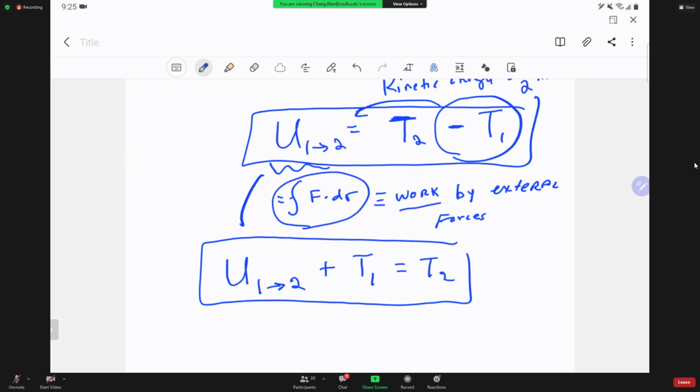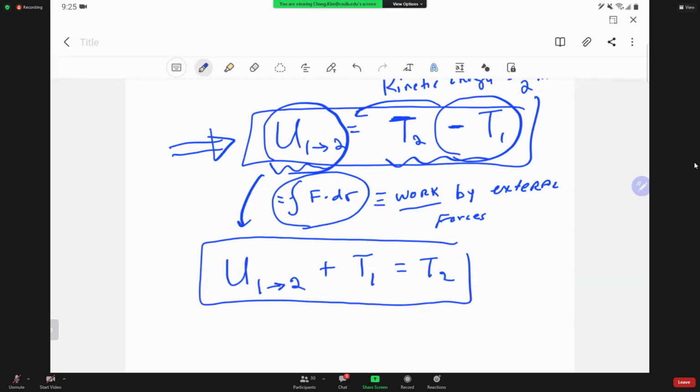Before I jump onto it, let me say something here. If I put some kind of work into dynamics, if I put something into it, it disturbs your dynamic system. How it is disturbed: there will be changes in the kinetic energy in your system.